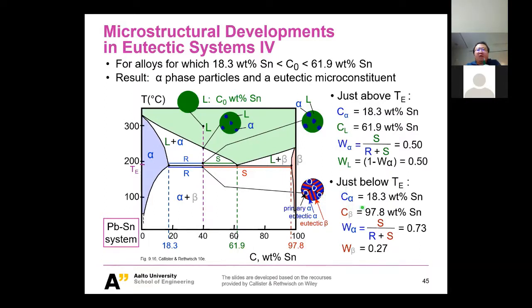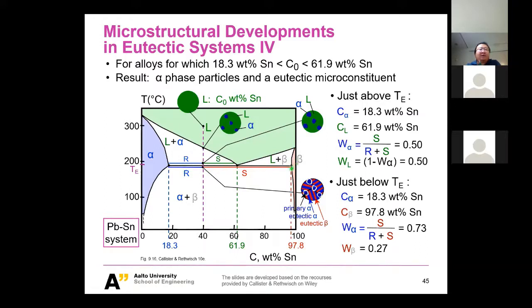Of course, if you want to calculate in the end how much alpha and how much beta we have, you can always use the lever rule, right? If you're calculating the weight fraction of alpha and beta, you use this R here and the S there.